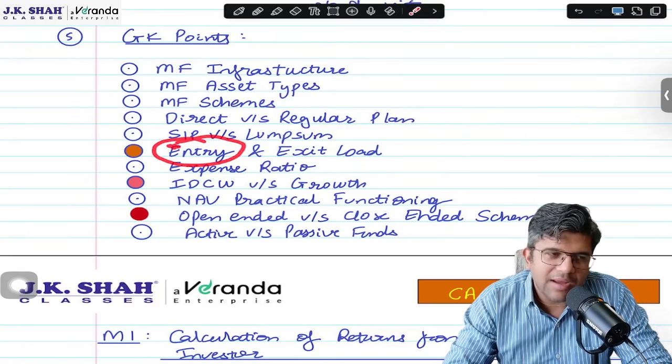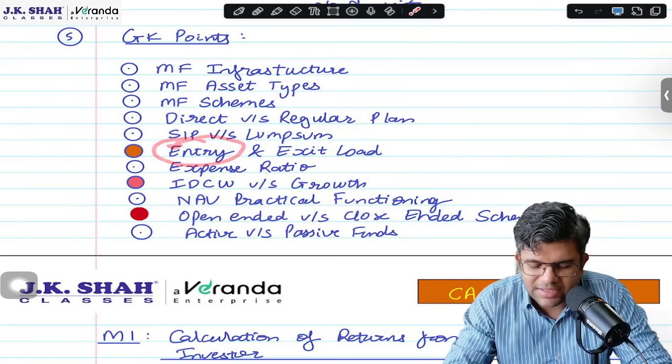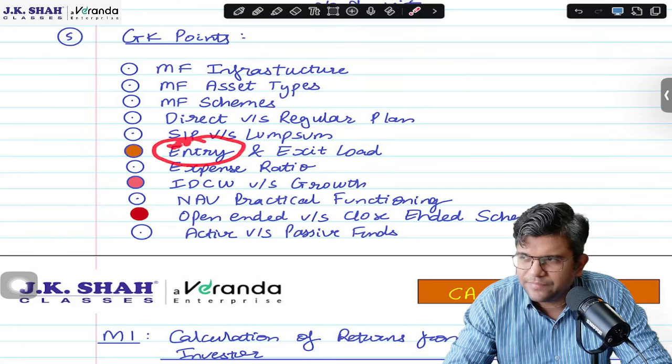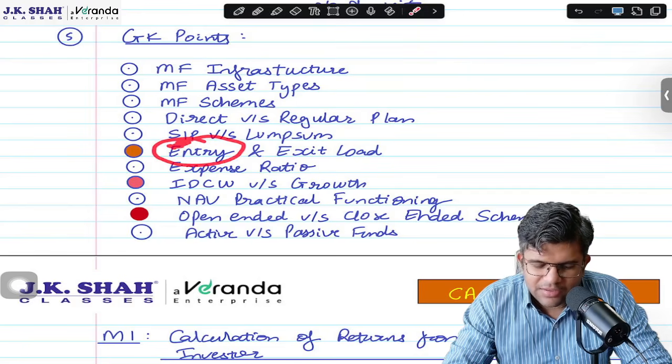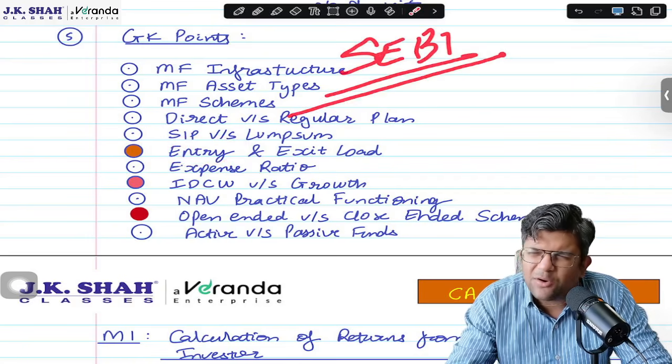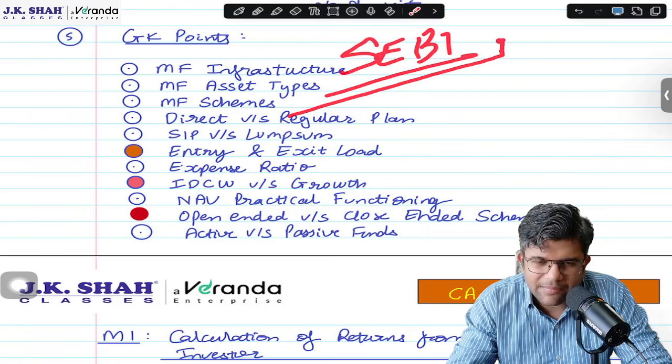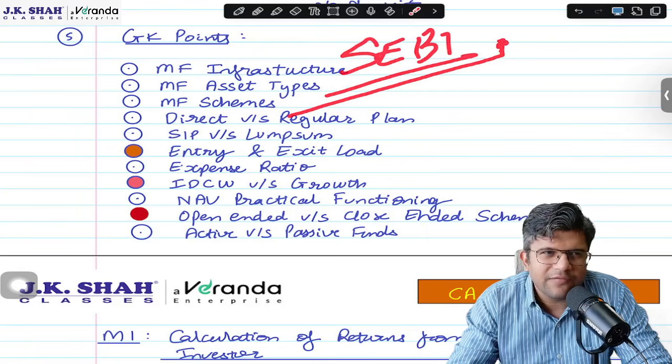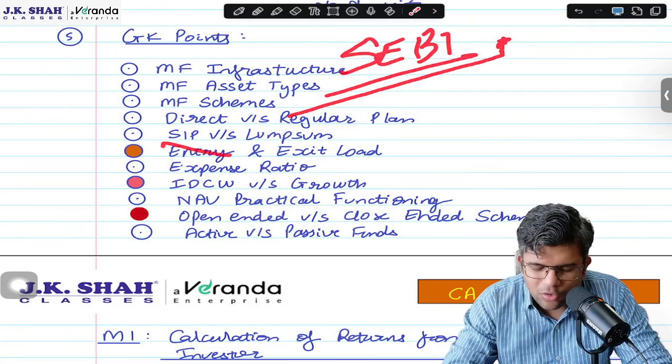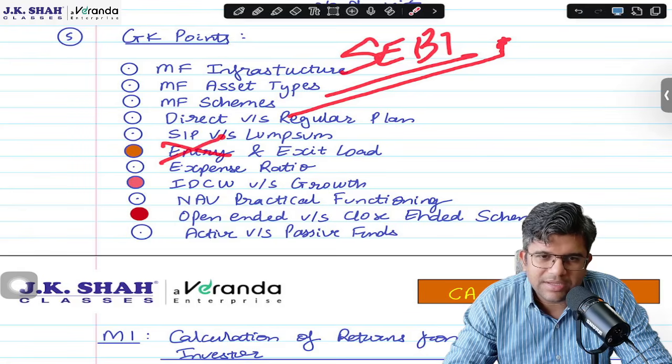However, as India started progressing in the last decade and a half, students, SEBI, I don't remember the exact date now, but somewhere in 2014, banned entry load. I hope everybody is able to understand.